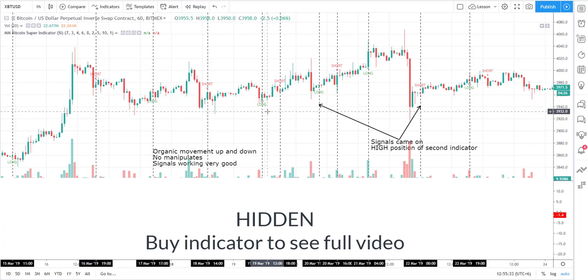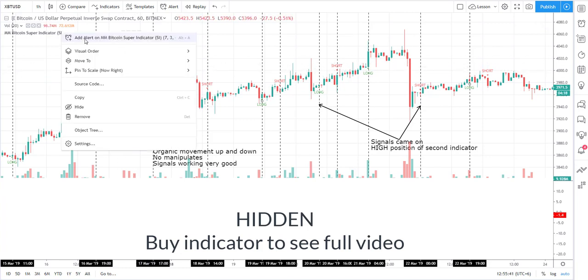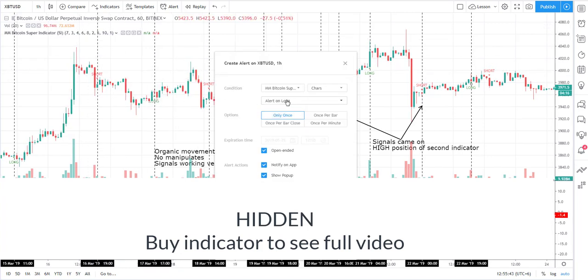You will not get 2 longs in a row or 2 shorts in a row. Strictly after short you will get long. So if you have the free version of TradingView and you're expecting a long signal, then place the alert on long only, once per bar.